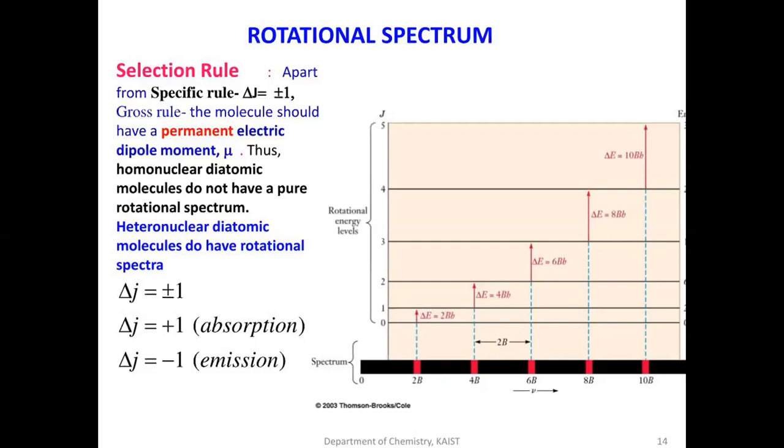When you are doing this computational exercise, you have to compare and find out the first rotational line, find its wave number, find its wavelength, and verify whether this line is in the far infrared region or not.